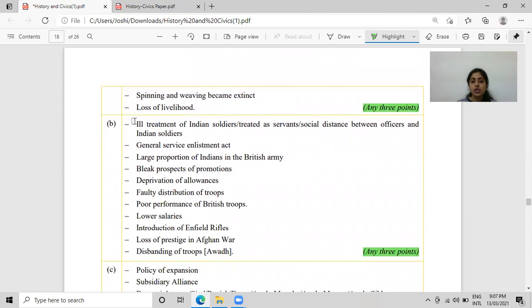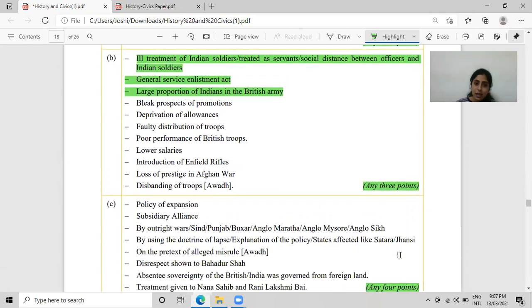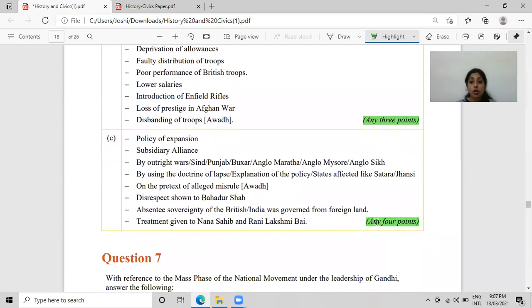So you will mention any 3 military causes of your choice. You will study all the military causes, but exam के time पे आपको जो 3 military causes confident लगे, that you can answer properly, make sure you give the answer for these 3 causes and grab your 3 points. And same way, the last question is for 4 marks.